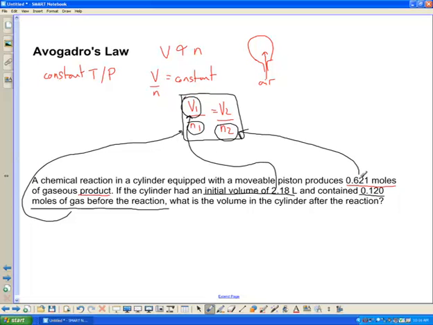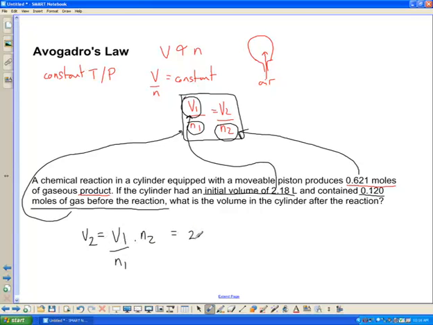Our number of moles of gas go from 0.12 to 0.621. All right. So our number of moles of gas are increased. So our volume should also increase as well. All right. So V2 is going to be V1 over N1 times N2.